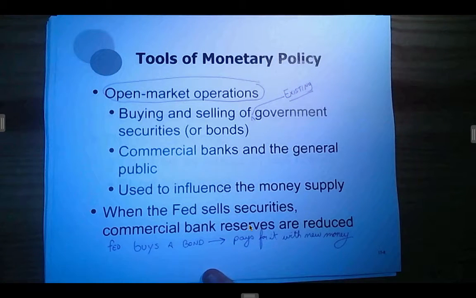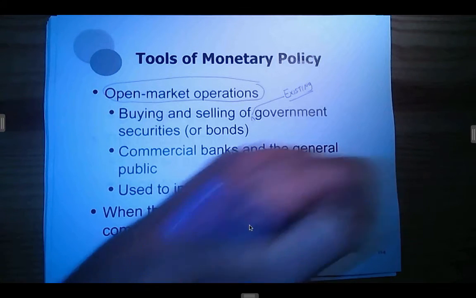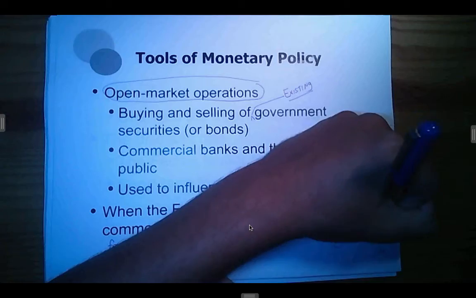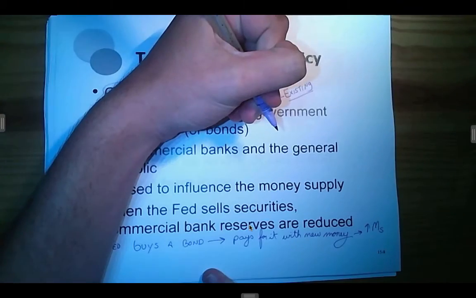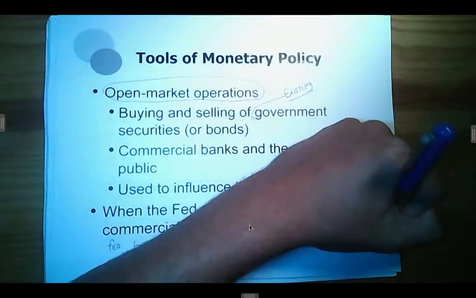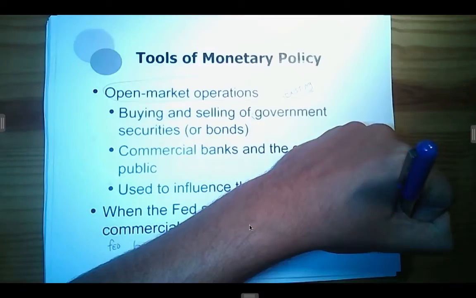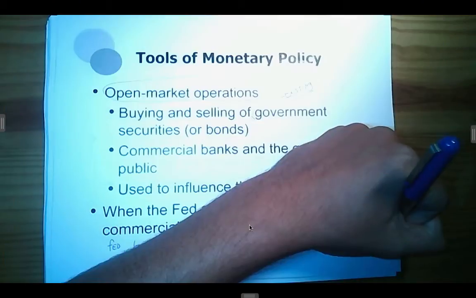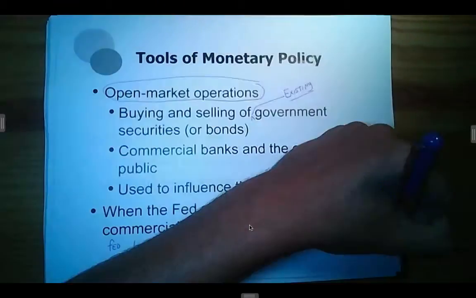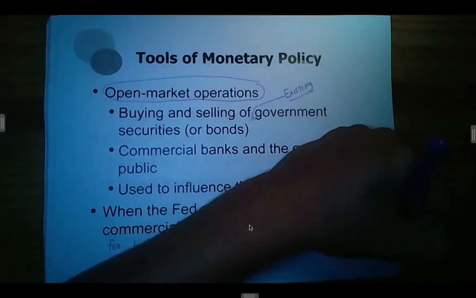Meaning, money is printed to pay for this bond. Which is another way of saying that the money supply is going up, or that we have expansionary monetary policy.